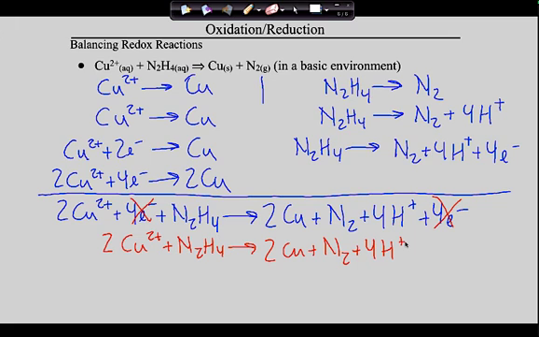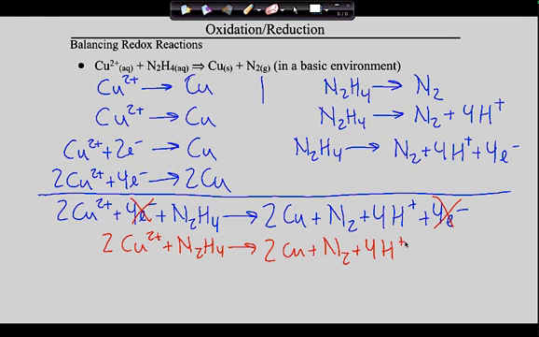Okay. Now guys, here's the trick. If this reaction was happening in an acidic environment, we'd be done, because an excess of protons indicates an acidic environment. But because this is in a basic environment, we don't have an abundance of hydrogen, we have an abundance of hydroxide.